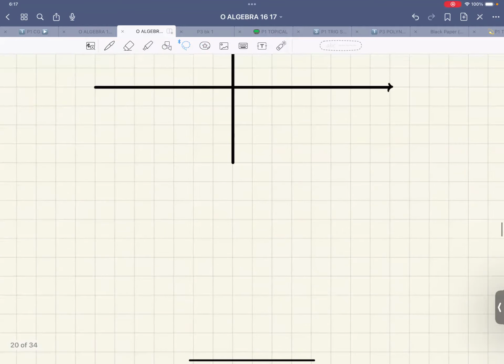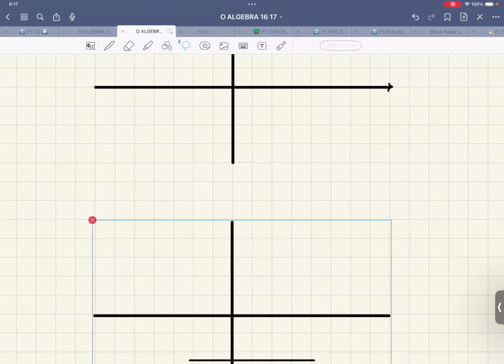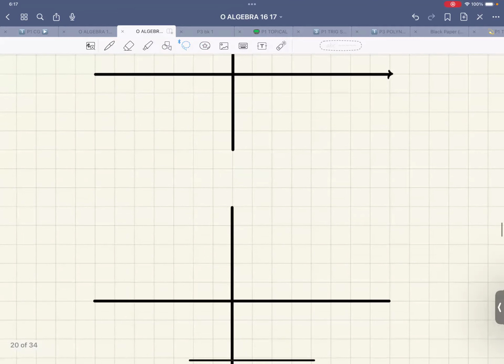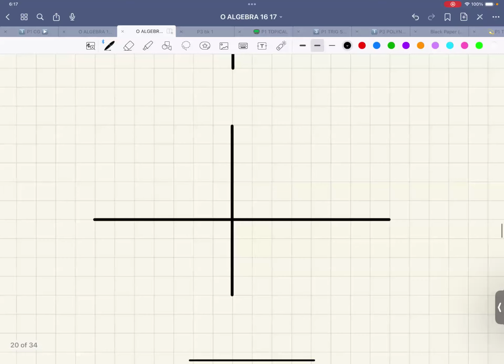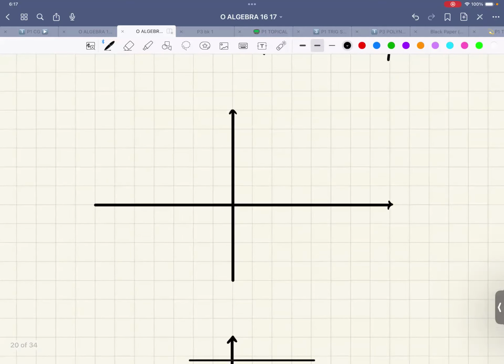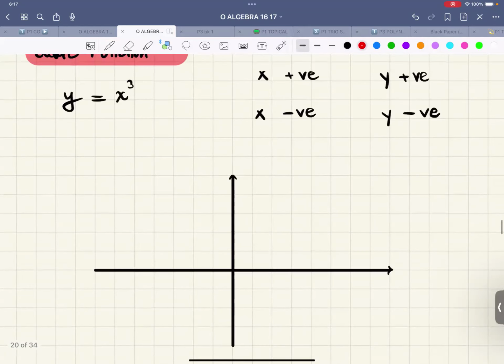The two basic cubic curves are such and such. The first one is this thing. When x is positive, y is positive, that goes like this. When x is negative, y is negative. That's the graph.